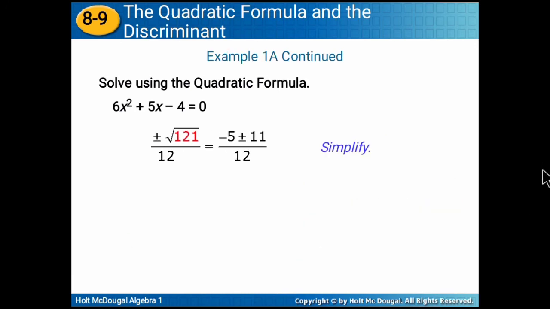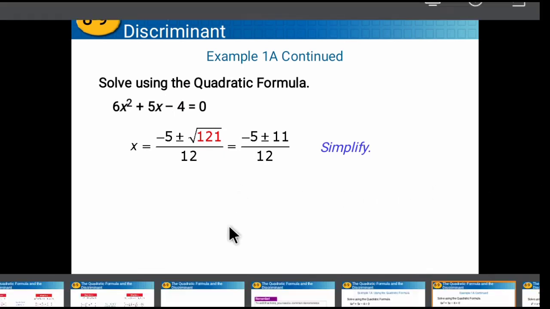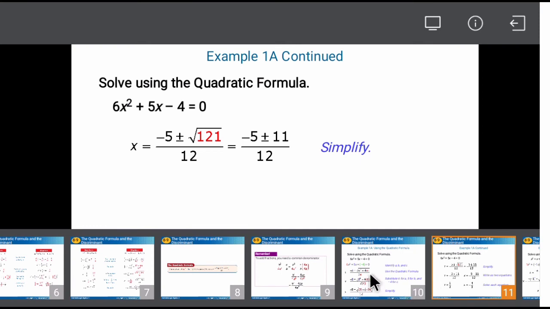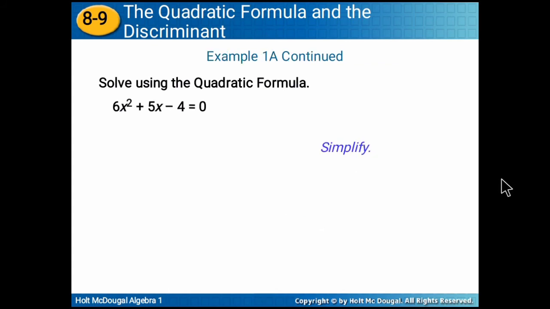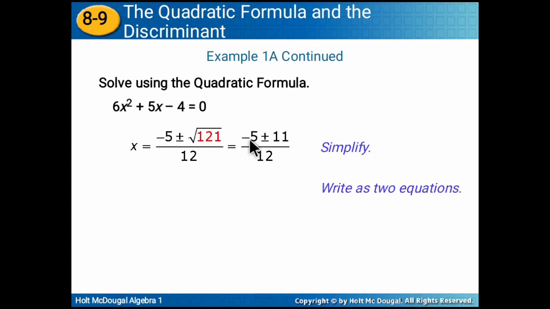So, we're going to simplify. If we add 96 and 25, you got 121. Then you're going to find the square root of it. The square root of 121 is equal to plus or minus 11. Notice this: we divided by 12.